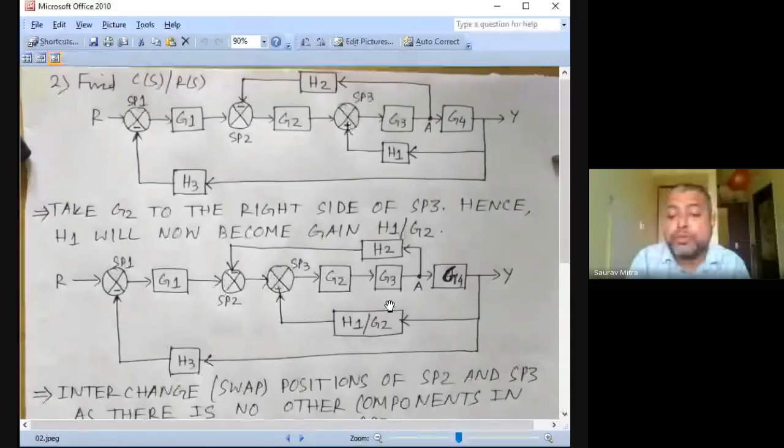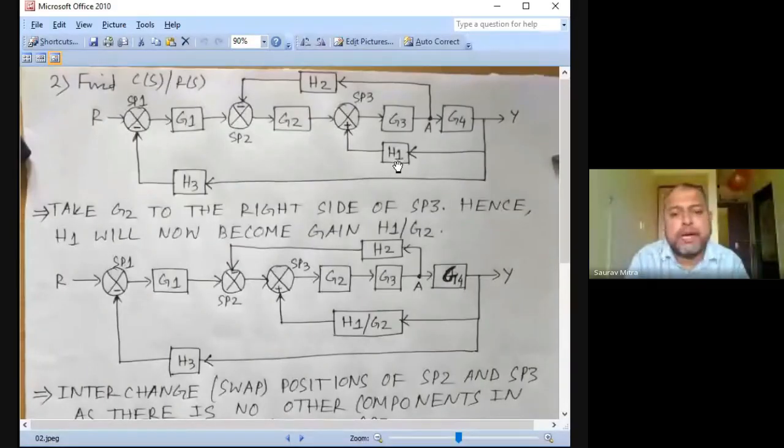This H2 is here, and I'm not doing anything with H2. No change is made to this point, it is as it is. I'm shifting this SP3 to the left and G2 to the right of SP3. This is the first thing I have done.